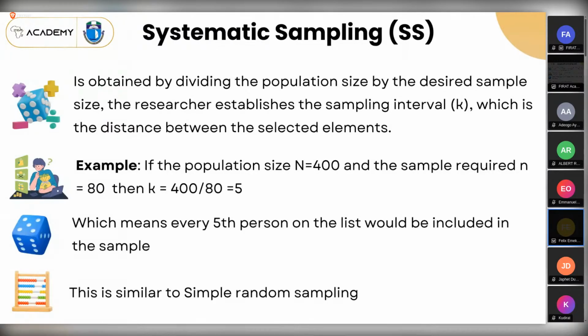It's just 80 women you need. So to calculate your sampling interval, you will take the population that usually comes to the antenatal clinic, divide by the sample size you need. In this case, it will now give you 5. So it means that every 5th woman that comes will be included in the study.